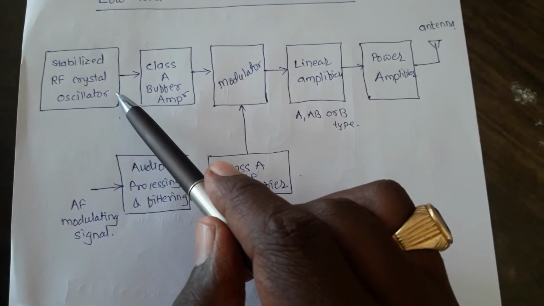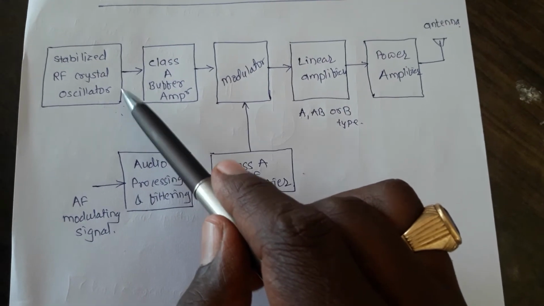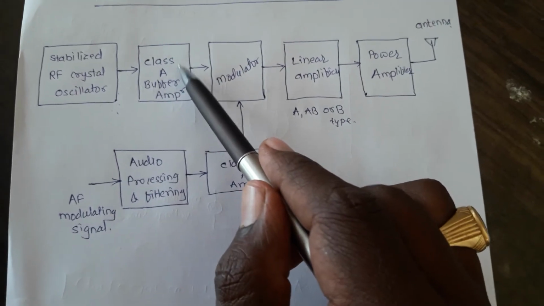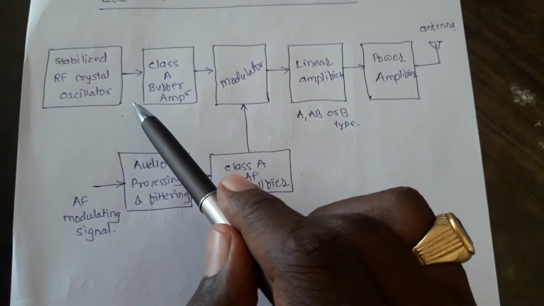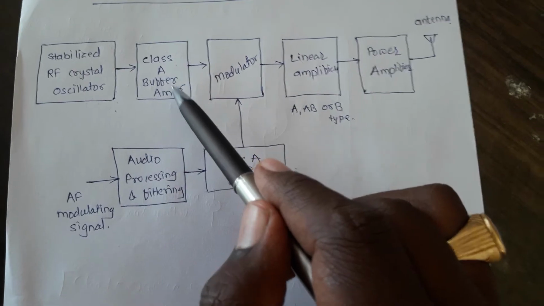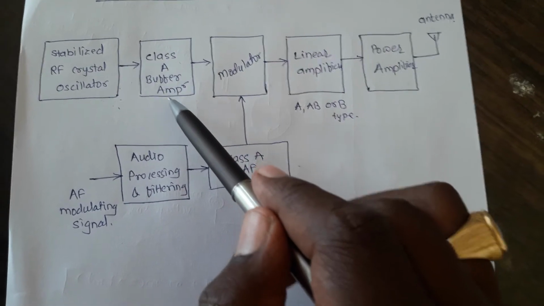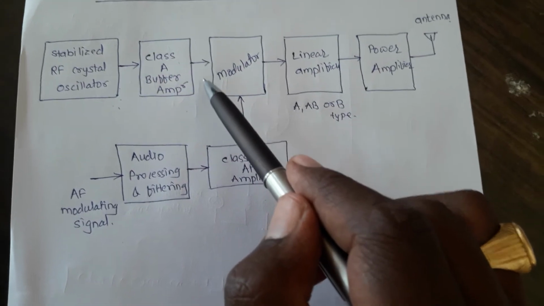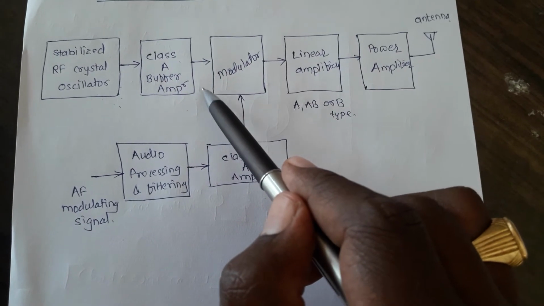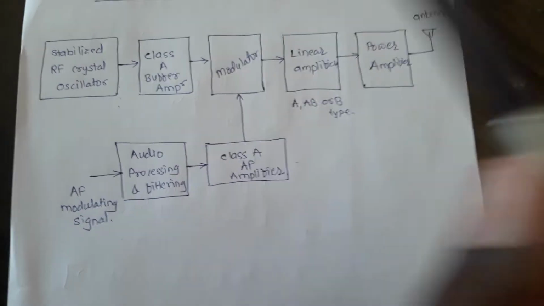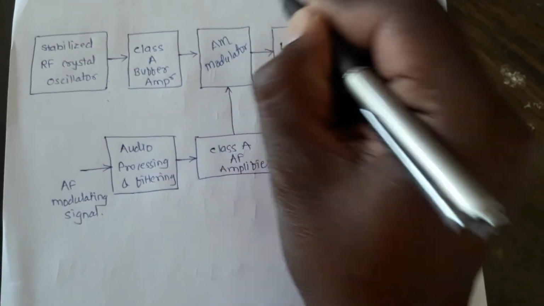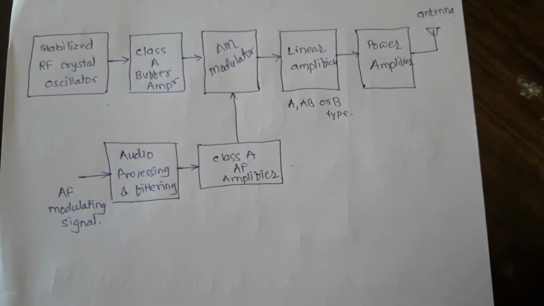The carrier frequency generated by this RF crystal oscillator is then given to the class A buffer amplifier. This class A buffer amplifier amplifies the signal but at low power level, and that low level signal is then given to the modulator. The modulator we are using is the AM modulator, the amplitude modulation modulator.